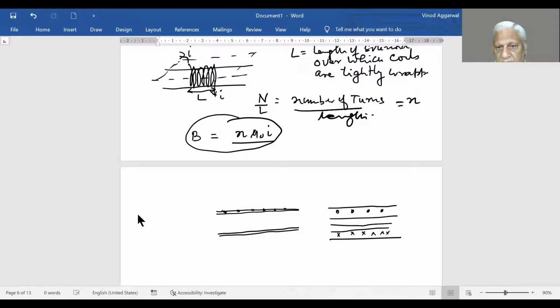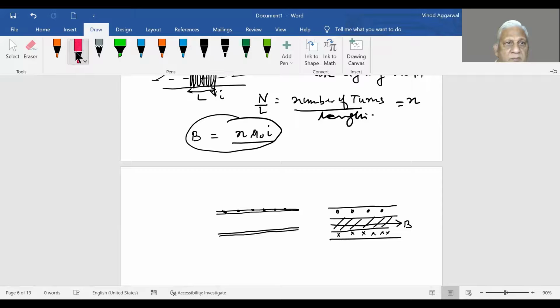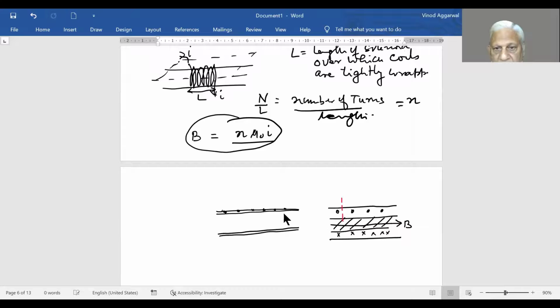Now one thing is we showed that B is constant anywhere within the solenoid. Then what happens is, let us take a small closed loop, not surface, I would say.